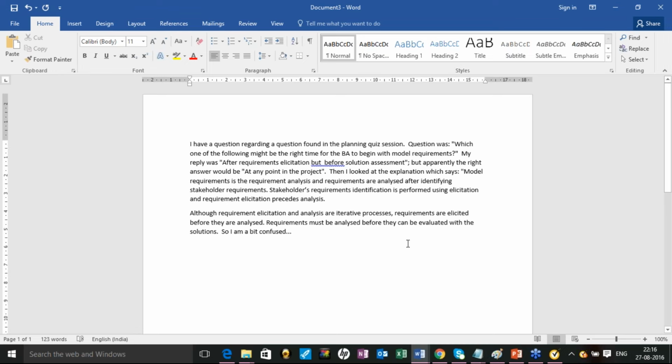Which one of the following might be the right time for the business analyst to begin with model requirements? That was the question. One more thing I have to clear here: no answer is right or wrong in isolation. You have to see the scenario, situation of the question along with the options. You have to analyze which option is best in the given scenario.